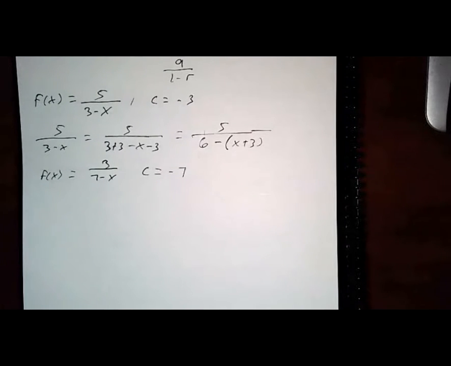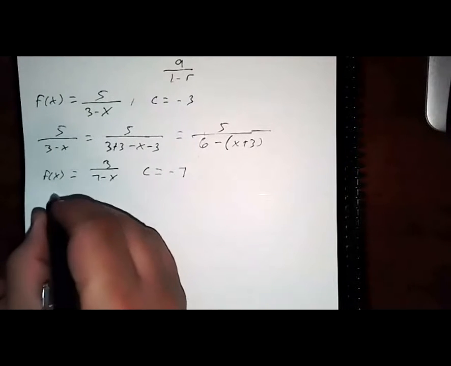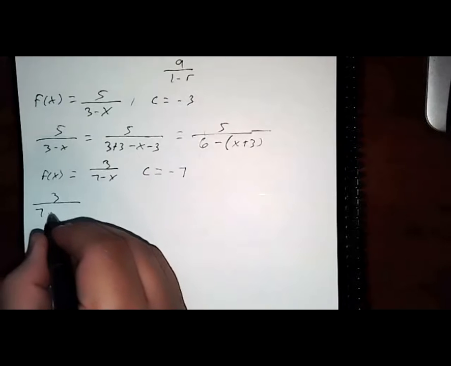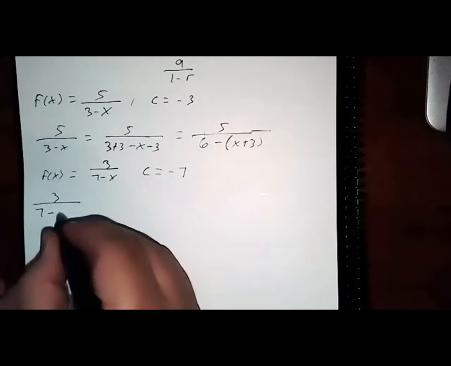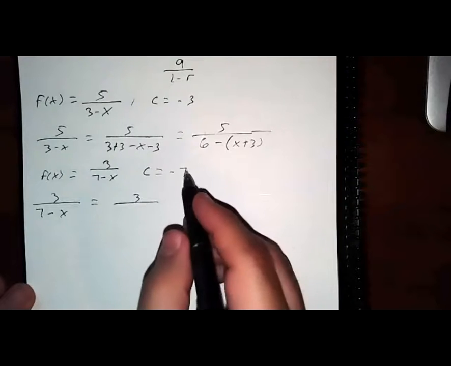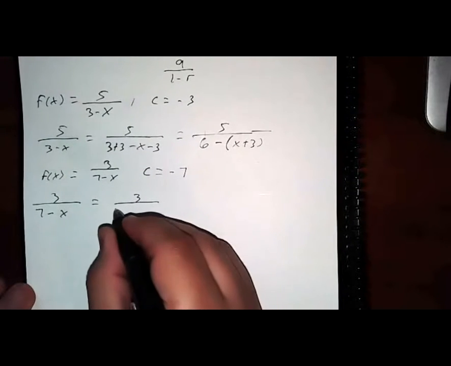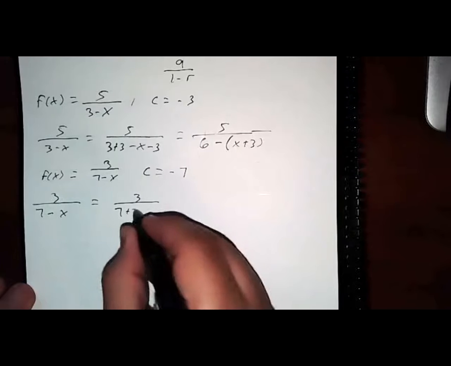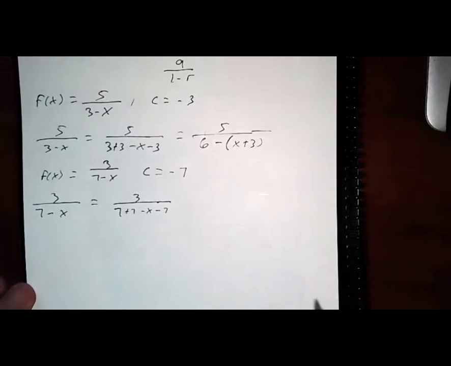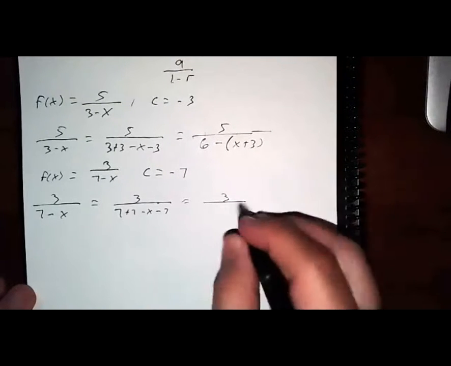Okay, yeah. So let's go ahead and do yours. So we got 3 over 7 minus x. So right here, I need to subtract the 7. Plus the 7 because I'm going to do -7 right here, which I then factor.